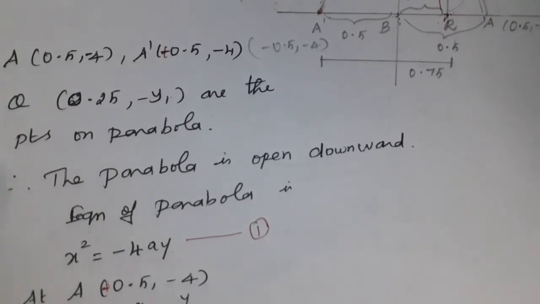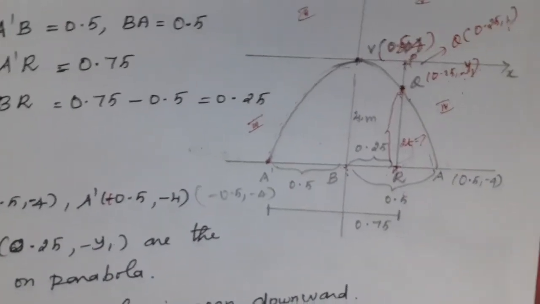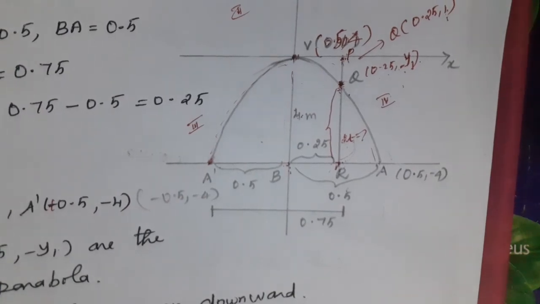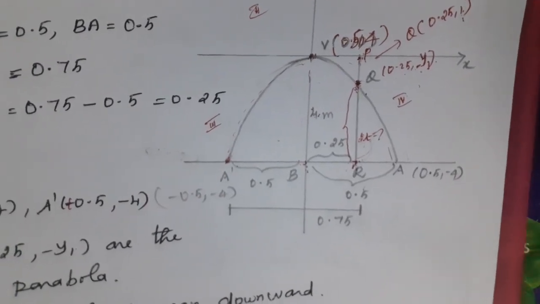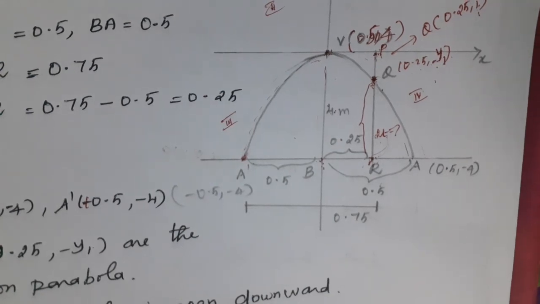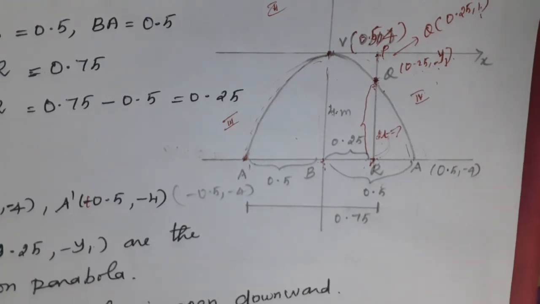Thank you students. The diagram is a must. Understand the diagram before starting the sum. Read the question properly. After drawing the diagram, the calculation part is very easy for you. Okay, students.